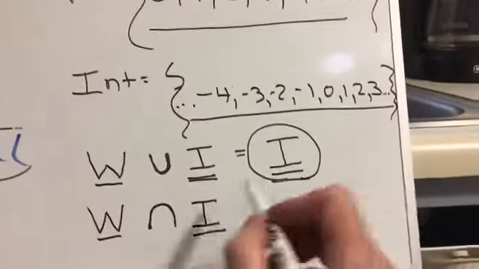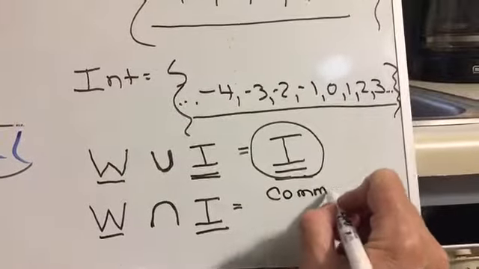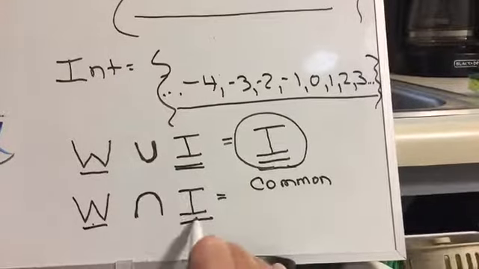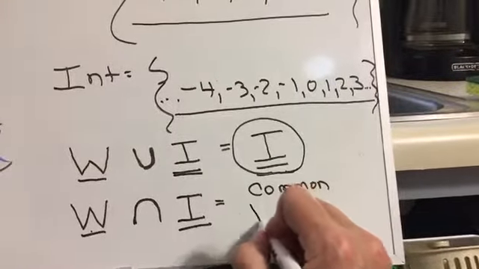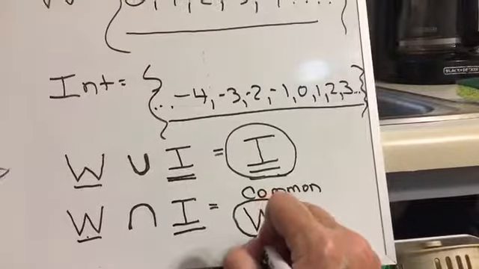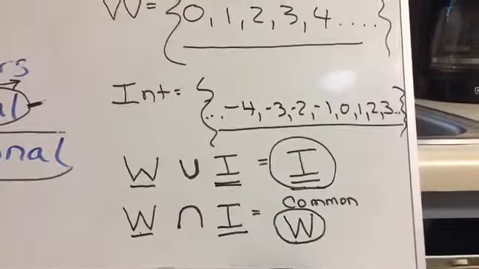Intersection is what they have in common. So if I intersected the whole numbers with the integers, my answer would be the whole number set, because that is what they have in common.